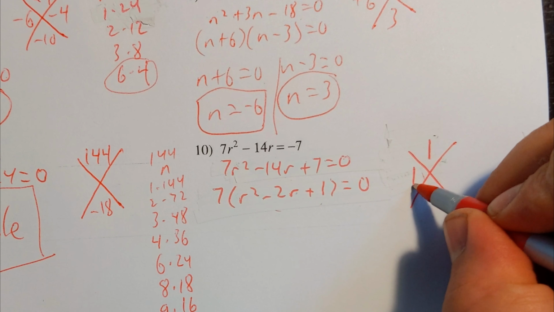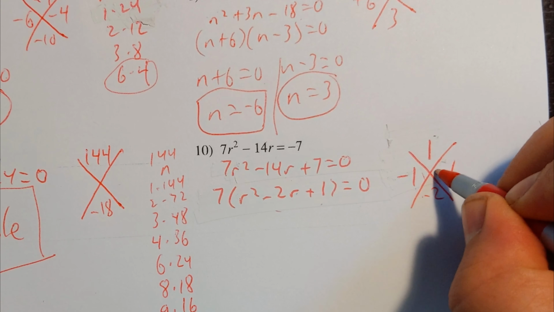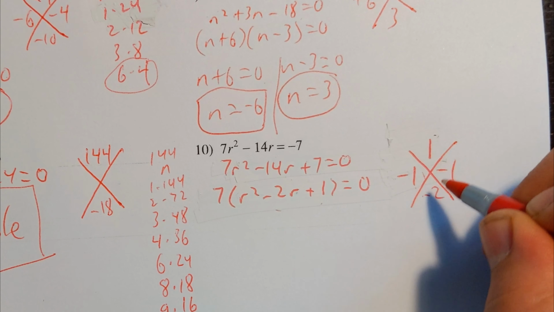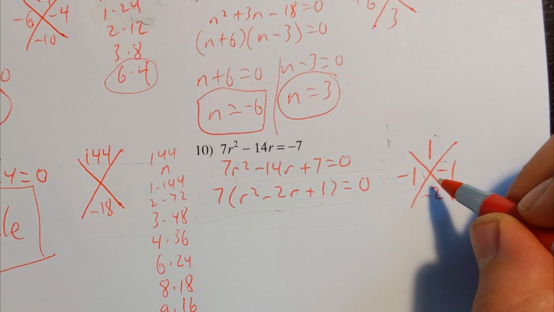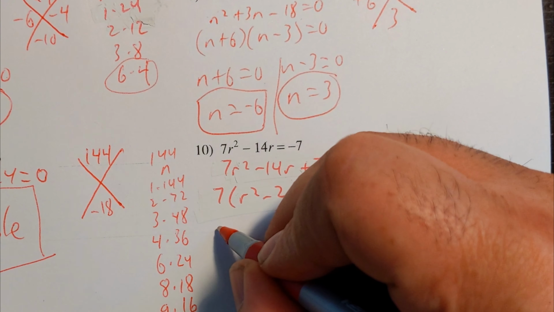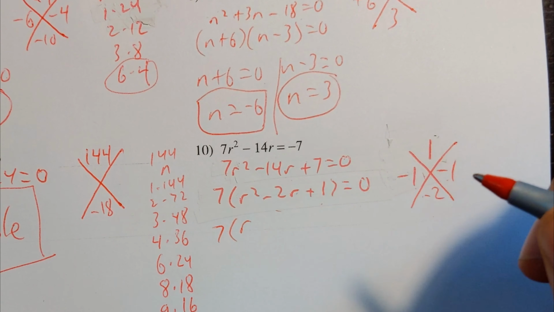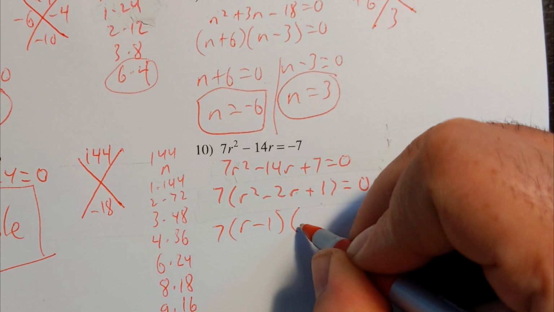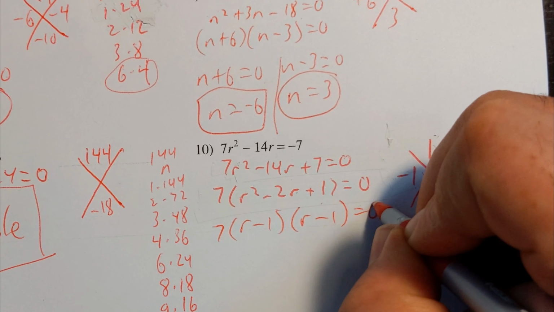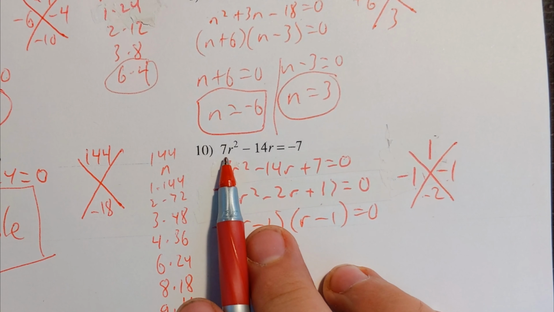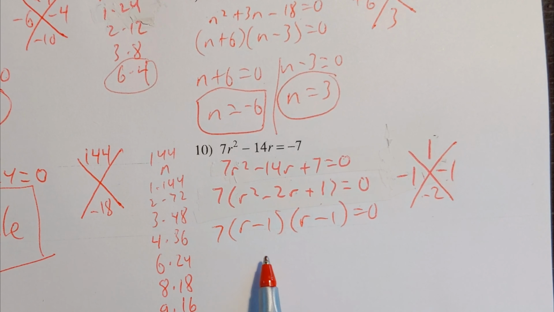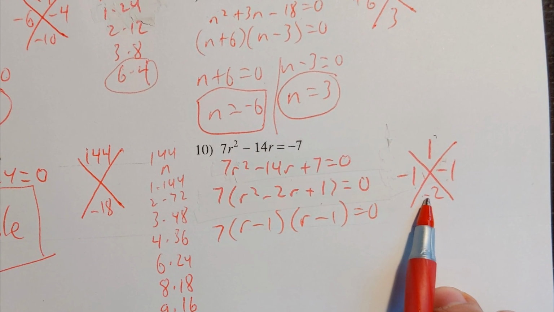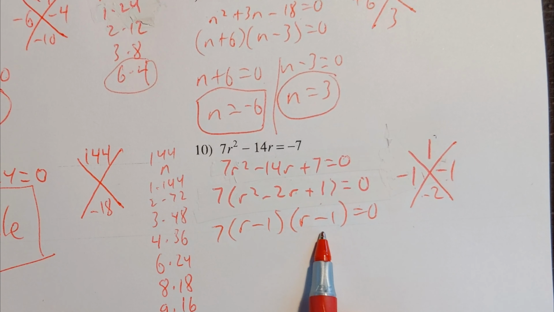The factors of 1 that multiply to give me a positive 1 and add or combine to give me a negative 2 are going to be 1 and 1. So the r squared is going to be r and r. And then when we did this, we found out that on the right side we're going to have negative 1, negative 1.